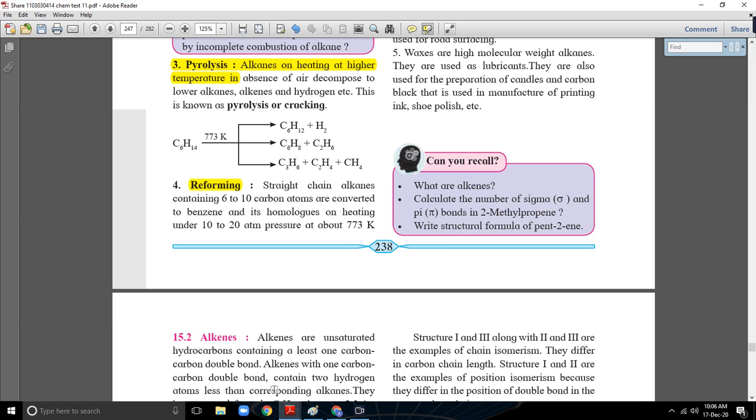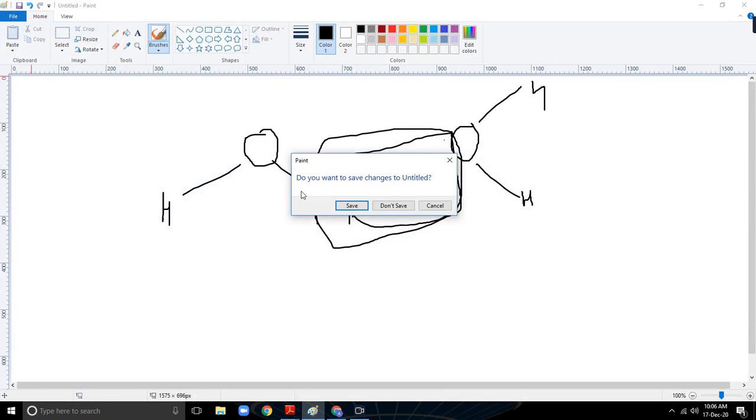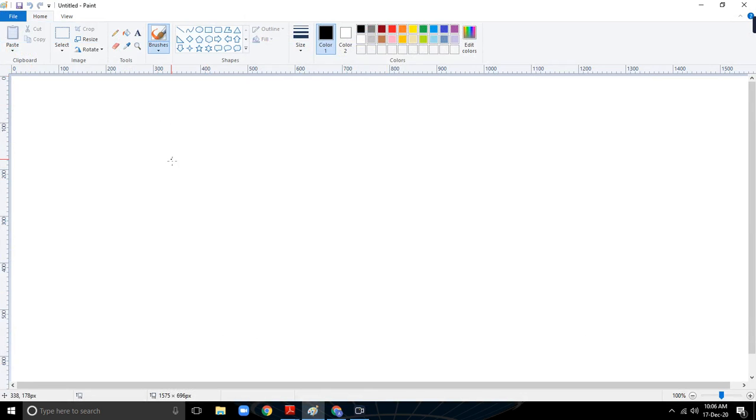We'll first draw the structure of 2-methylpropene. Propene contains 3 carbon atoms, with a methyl group on the second carbon: CH3, CH3, and CH2.